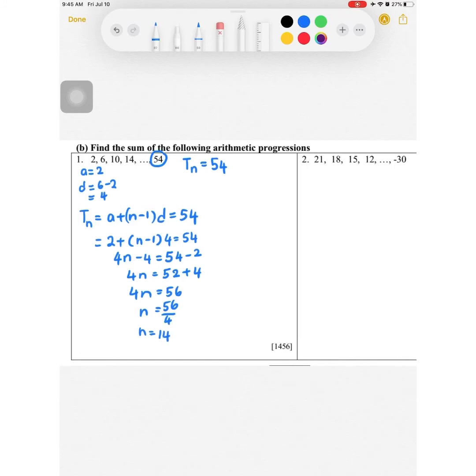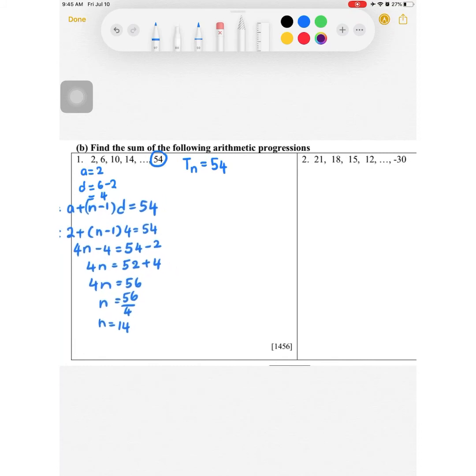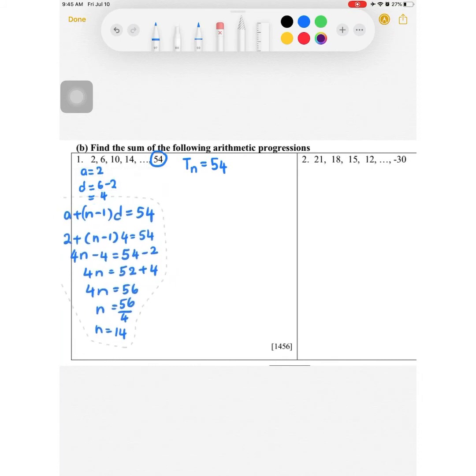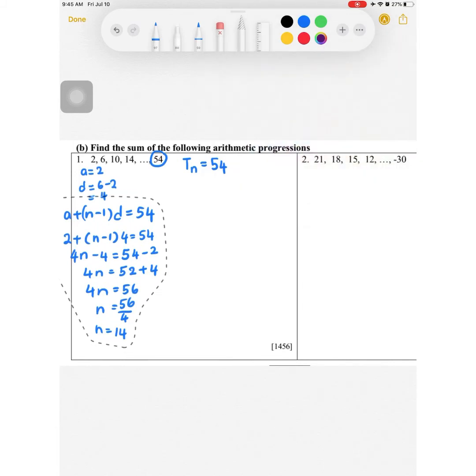This is not the solution that we want to find. We just know our n, which is 14. Now we have to find the sum. We take the formula Sn equals n over 2 times 2a plus n minus 1 times d.